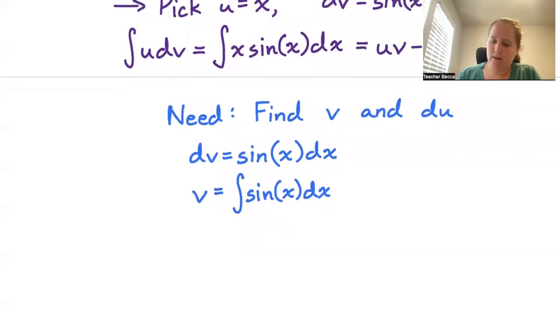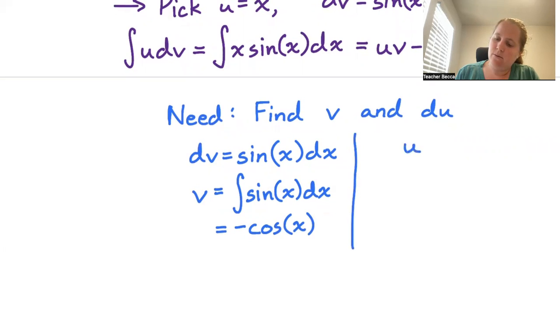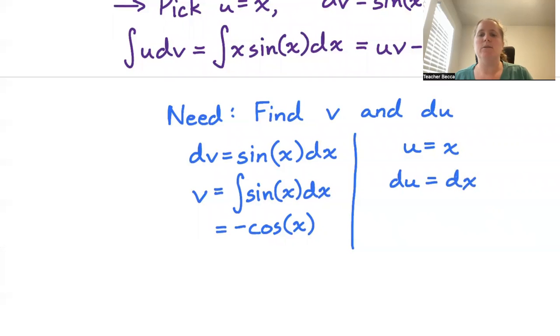And so we get that v, the integral of sine, is a negative cosine of x. So we can take v to be negative cosine of x. On the other hand, u was equal to x. So du is just the derivative of x, which is 1, times dx. So du is just dx.